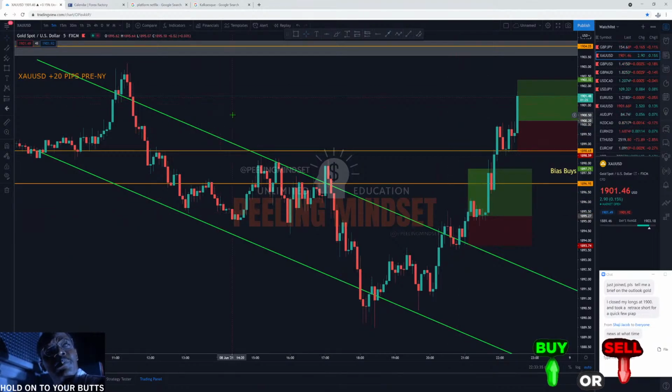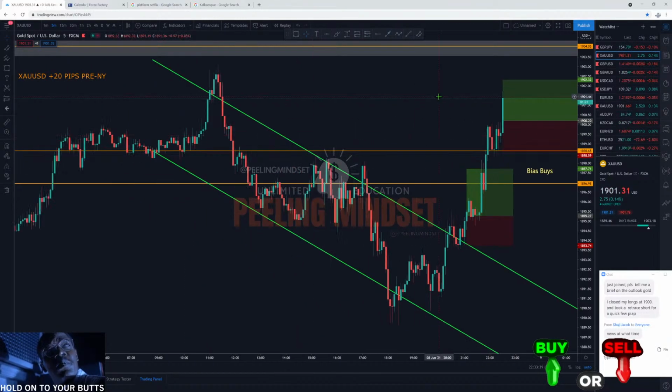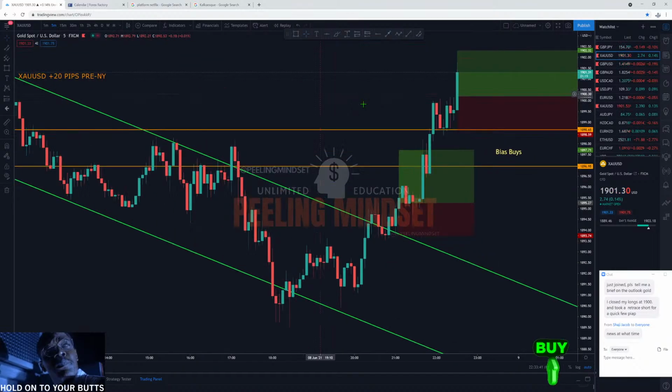I didn't call it out because obviously it was an advanced trade. So for now, it's moving up pretty nice. Whoever took an entry on the break of the high, you guys are on the good side right now. You must be in 13 to 15 pips of profit. So if you secure, you're on the good side. If you don't secure, I'm not sure how the market's going to play you at the end.